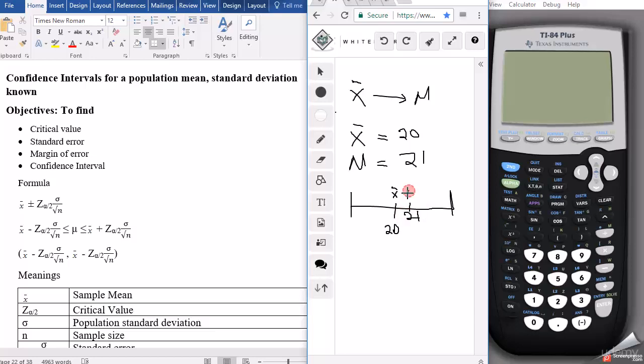This is our population mean. You can see that the sample mean and the population mean are in different positions. However, if we use an interval, let's say 18 to 22, well, this is ugly, but I've got to manage it. So if we use an interval, say 18 to 22, you can now see that the true population mean is captured, is within the interval.